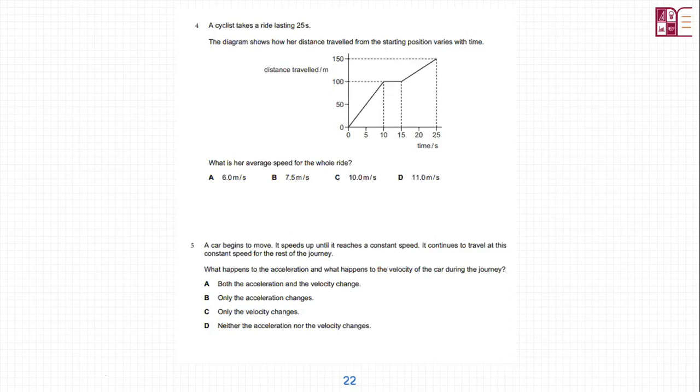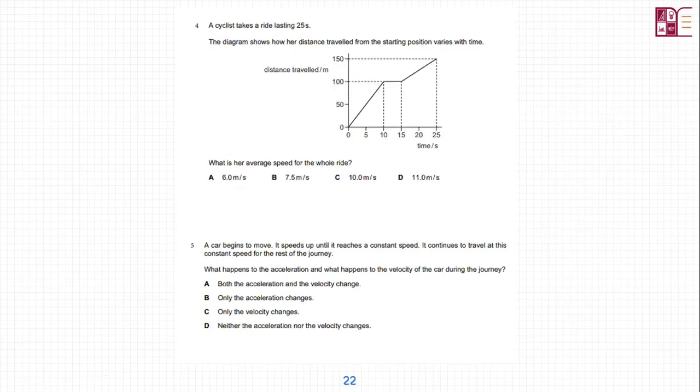Now the formula for average speed, like we discussed, was total distance traveled upon total time. So the distance traveled by the graph, as you can see, is 150 and the time is 25. So 150 divided by 25, the answer is 6 meters per second. Moving on to the next.